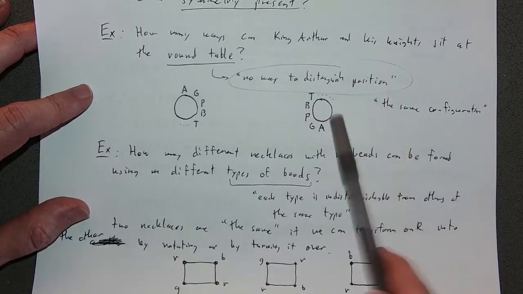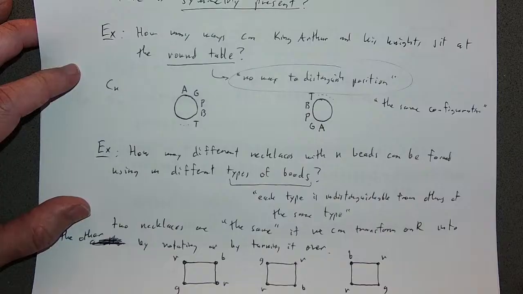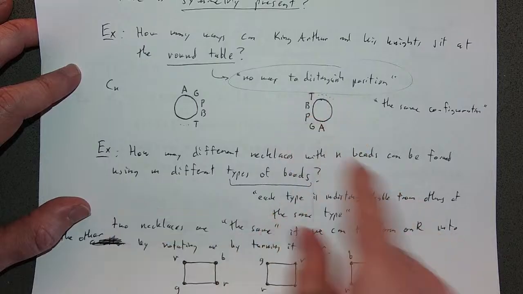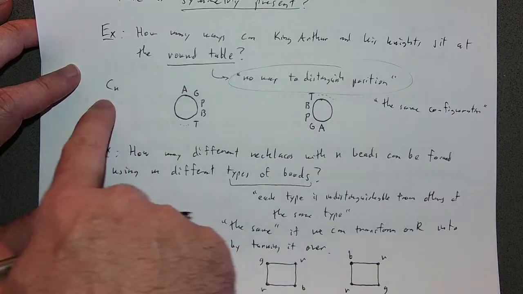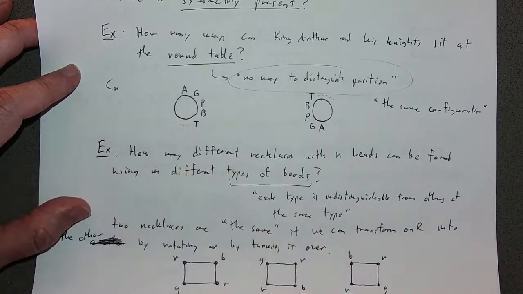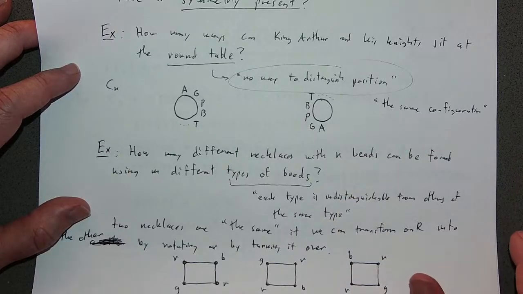And of course, this group of rotational symmetries of a regular n-gon is going to factor in here, right? Because how many knights were sitting around the table is going to be the number of vertices in this regular n-gon, if you like, right? That is a perfectly fine way to approximate this round table, by saying the people sitting here are just vertices of a regular n-gon.